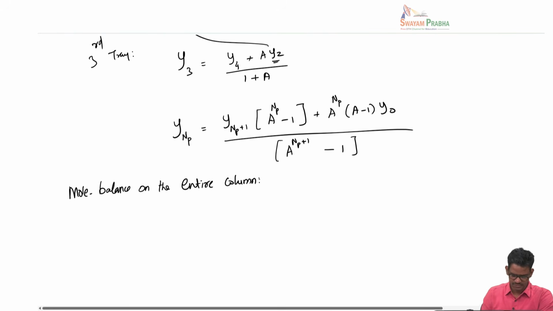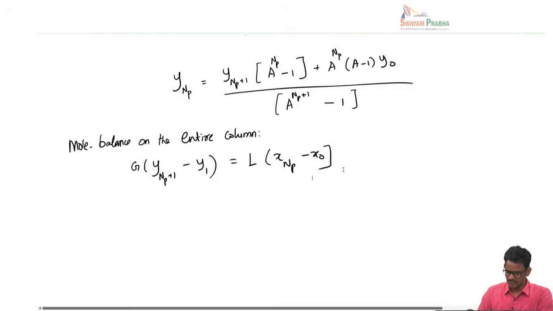Okay, so you will see this becomes g times ynp plus 1 minus y1, that should be equal to x times xnp minus x naught. And like before, we will replace this with the equilibrium line as ynp by m minus y naught by m.